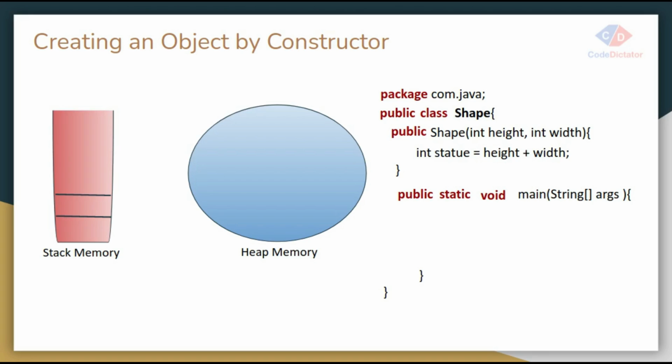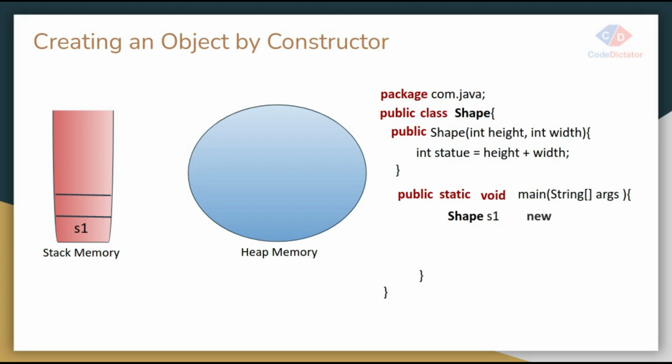Okay, so in the main method, we have stack memory and heap memory. Whatever local variable, object or declaration we make gets stored in the stack memory, and whatever memory allocation is performed gets stored in the heap memory. So whenever we create Shape S1, Shape is a class, so that is the type of my object, and S1 is the name of my object, which gets stored in the stack memory.